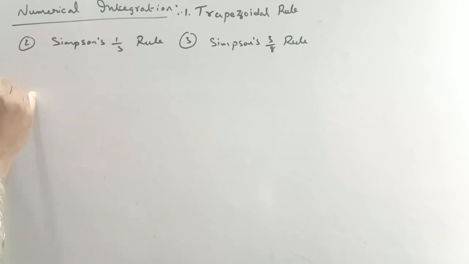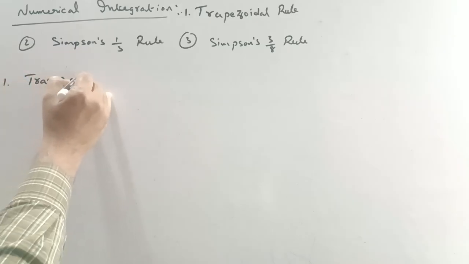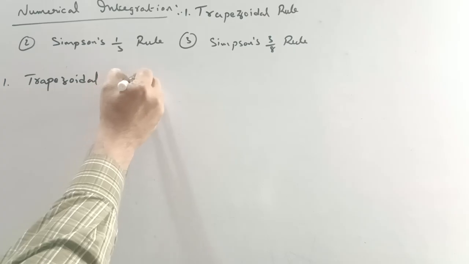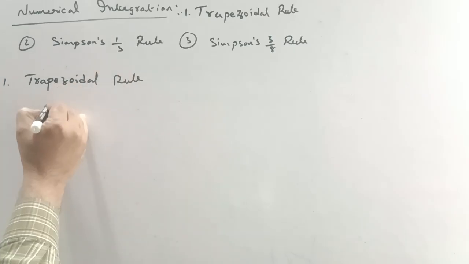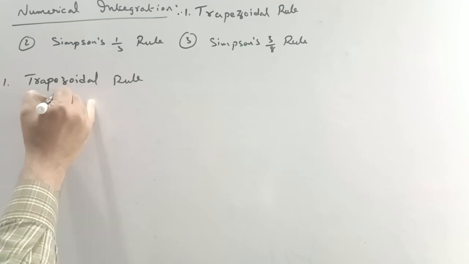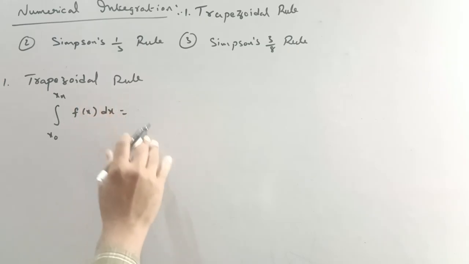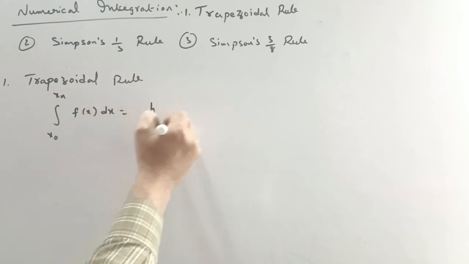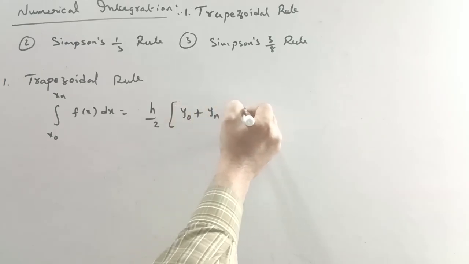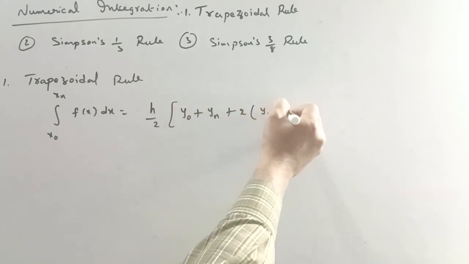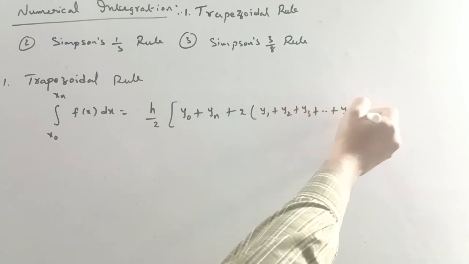See the formula of the trapezoidal rule. If the function is integrated from a to b, that is x0 to xn, the integral of f of x dx is equal to h by 2 into y0 plus yn plus 2 into y1, y2, y3 and so on up to yn minus 1.